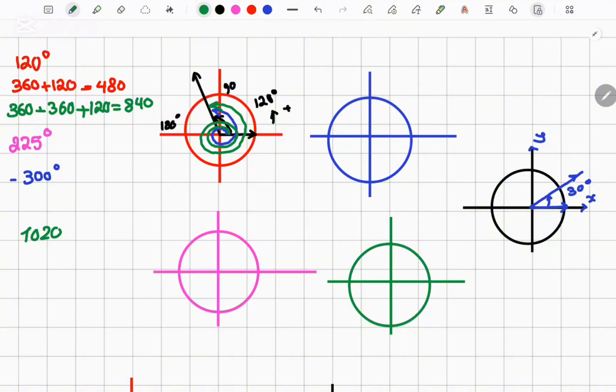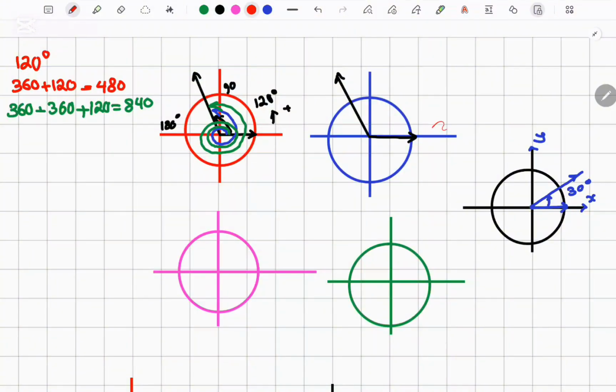So I'm going to use this other one over here. Give me a sec. So 120 degrees. In order to find its first negative coterminal, again, I will show it in the standard position, which is this and this. This is 120 degrees. So if it's a negative angle, then we have to go clockwise, right?